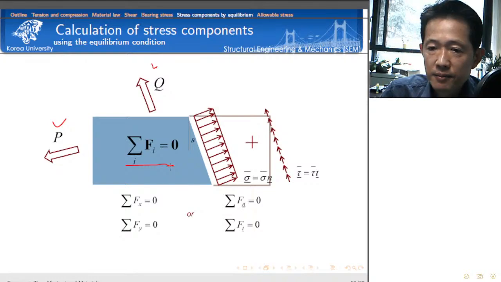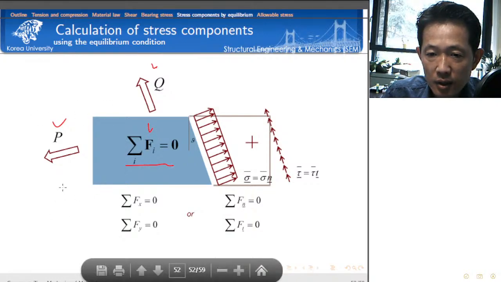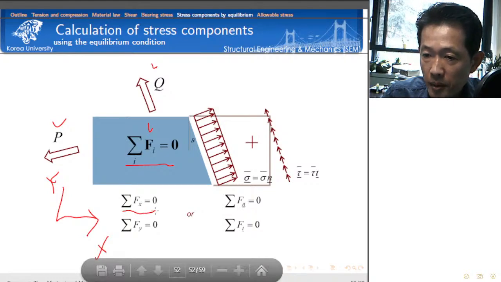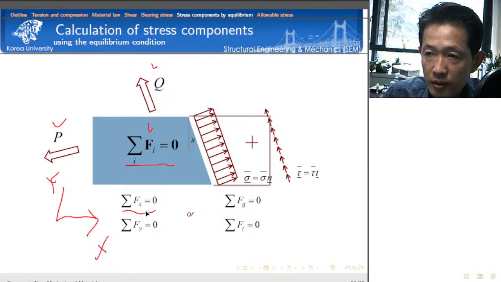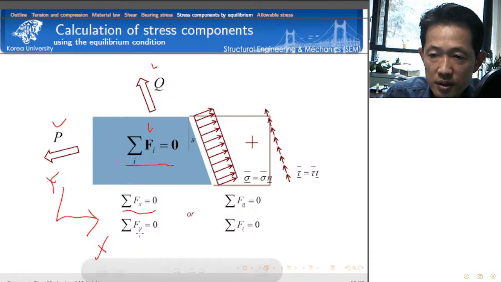So instead of dealing with the vectors directly, we want to introduce a coordinate system, x and y. If you do that, then we can consider the force components only. The sum of force components in the x direction should be equal to 0, and the sum of force components in the y direction is equal to 0.